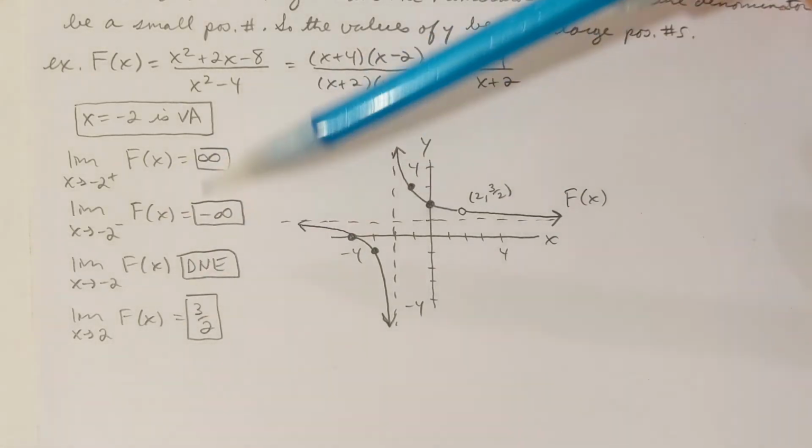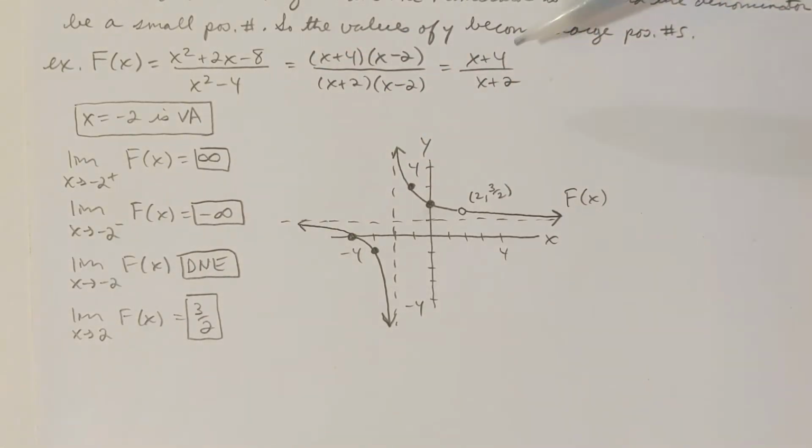Now, before we look at these limit calculations, just real quick here, y = (x + 4)/(x + 2), and f(x) = (x² + 2x - 8)/(x² - 4). These are not the same thing. Now, one simplifies to be the other, but they are not the same thing because they have different domains.